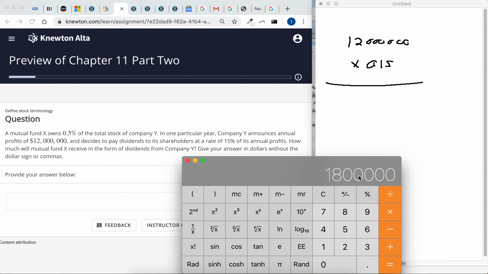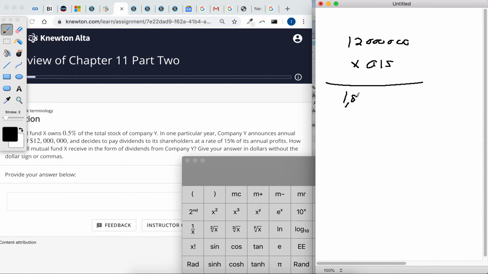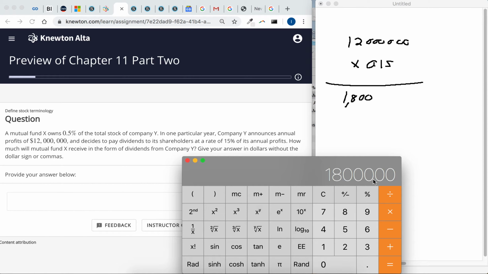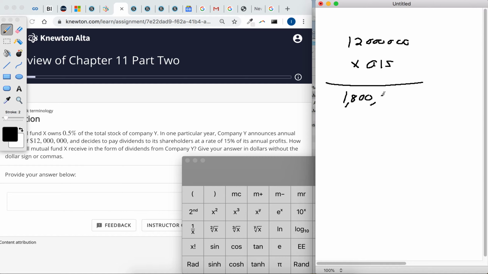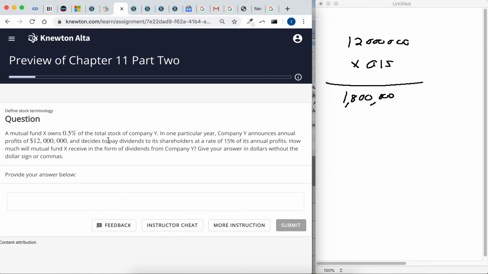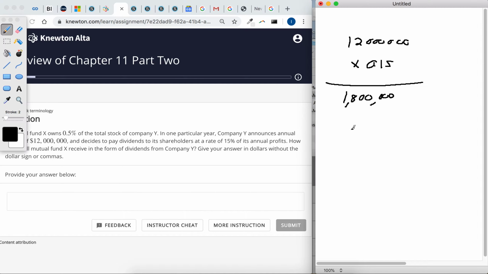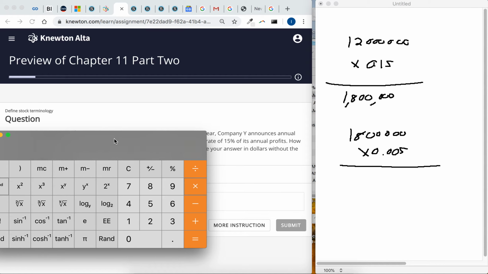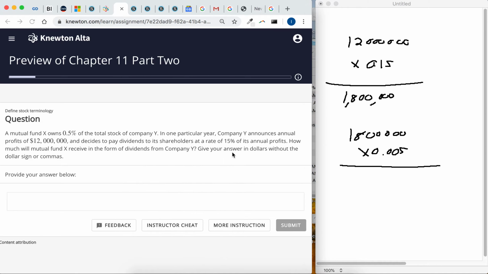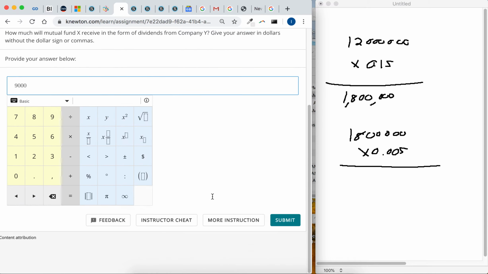Looks like 1.8 million to all their shareholders, not just to this company, 1,800,000. So if this mutual fund owns 0.5% of this company, then to find out how much money they're going to make, they get 0.5% of this dividend. So multiply by 0.005. Convert that percentage to a decimal. You get 9,000. That's how much the mutual fund is going to get.